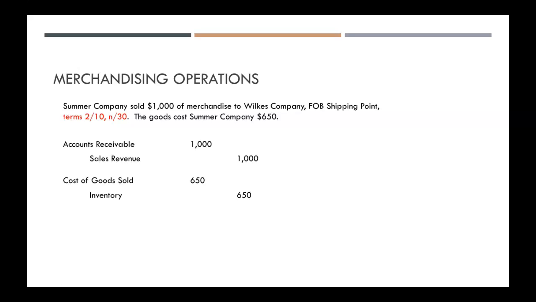So that 2 represents the potential discount, 2%. The 10 is how many days they have to pay back Summer Company in order to get that discount. Or they have to pay the net, everything that they owe, within 30 days.